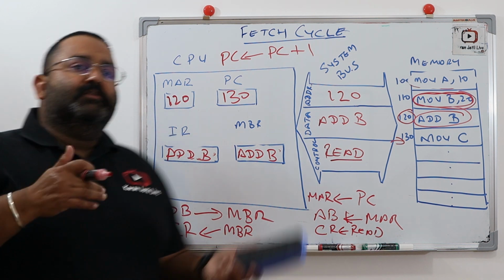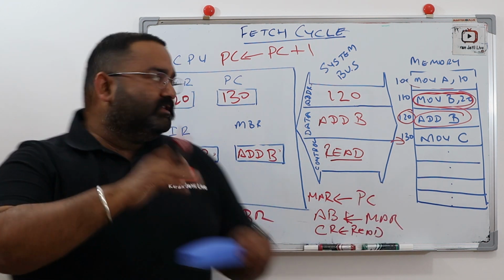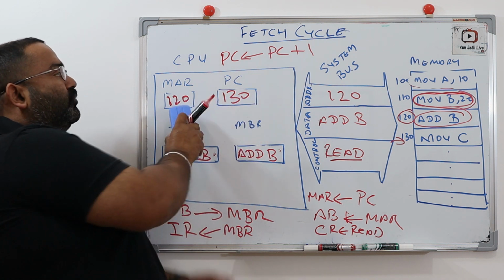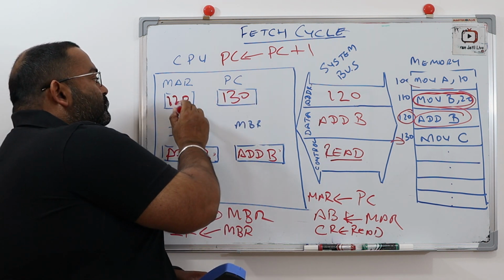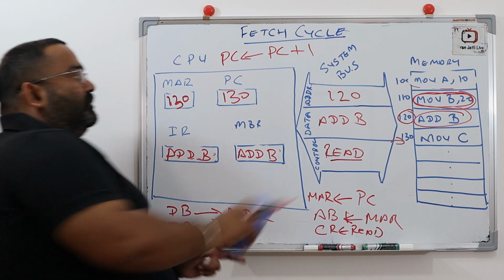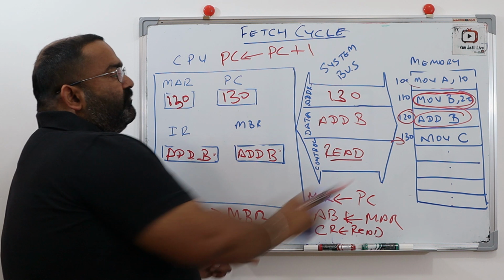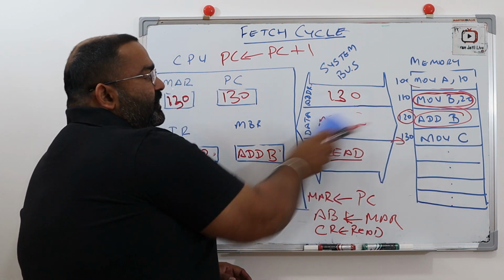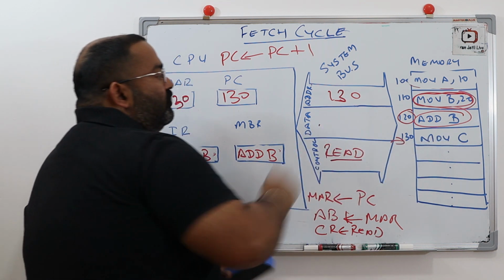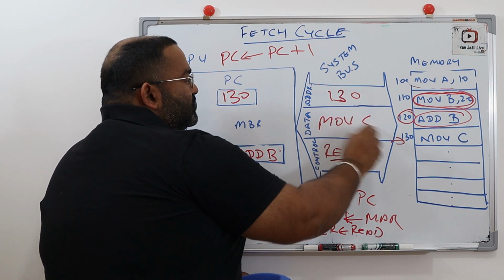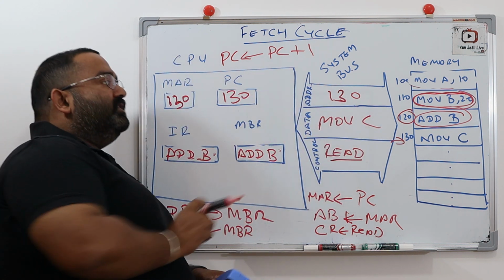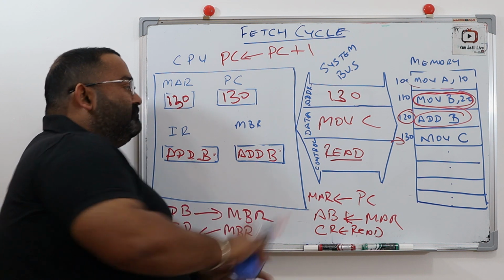For your quick revision, let us do one more fetch. Copy the content of the program counter to MAR: 130. Load the address from MAR to the address bus: 130. Perform a read. Now what is the read here? Move C. Then load the content of the data bus to MBR.